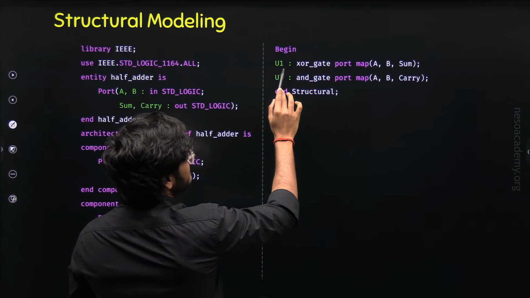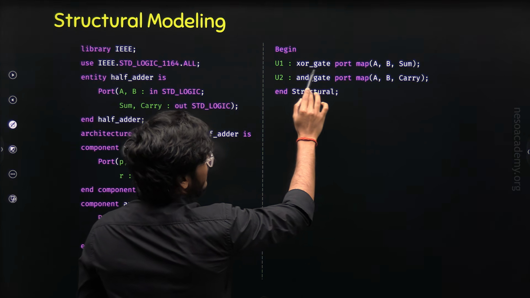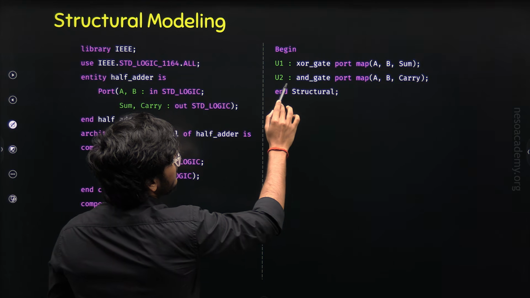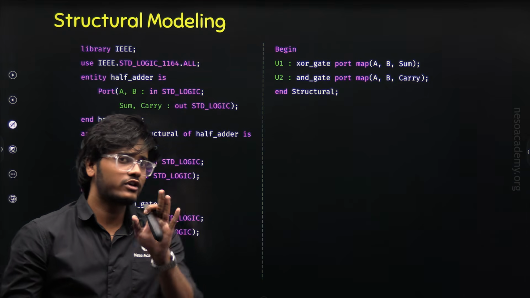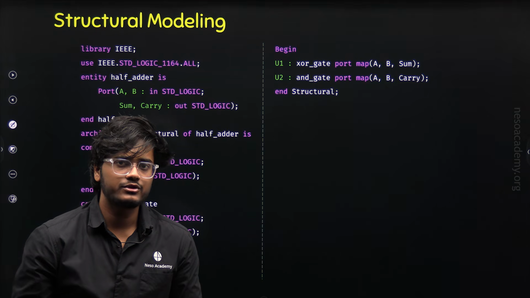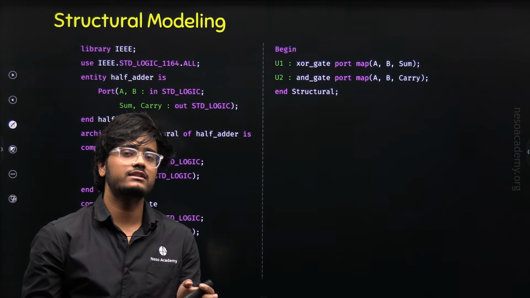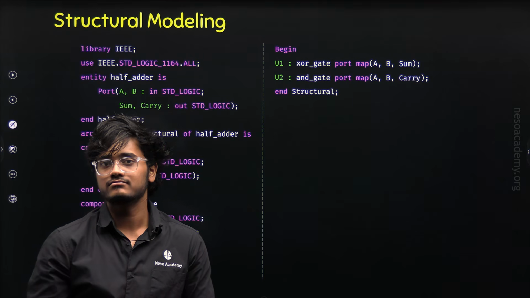Here, the instance name U1 colon to declare it for the XOR gate. Similarly, instance name U2 colon AND gate. Now, for the full adder, we need to declare two instances for the XOR gate, three instances for the AND gate, and two instances for the OR gate.